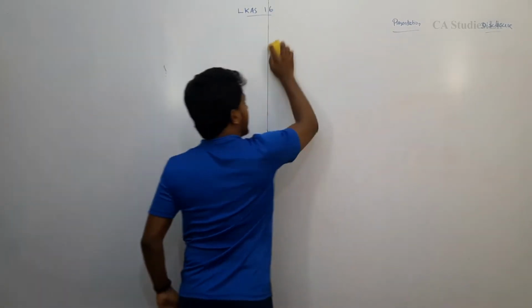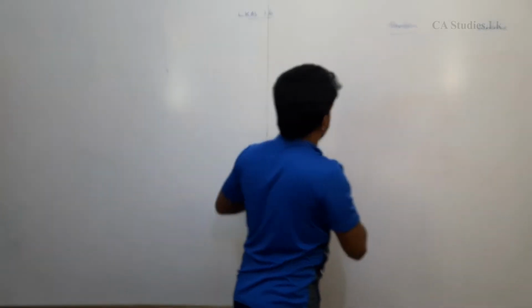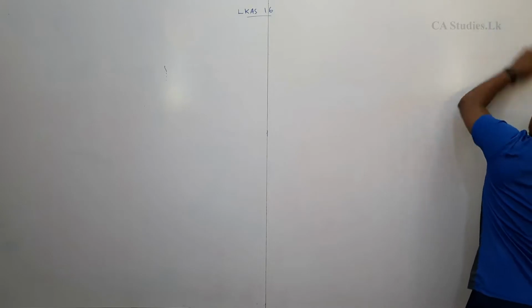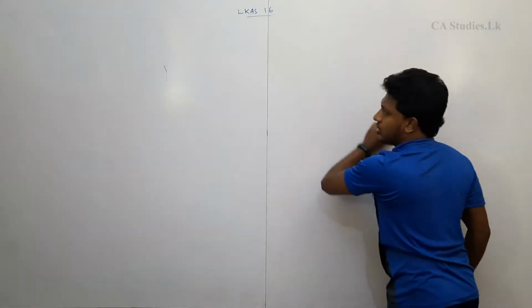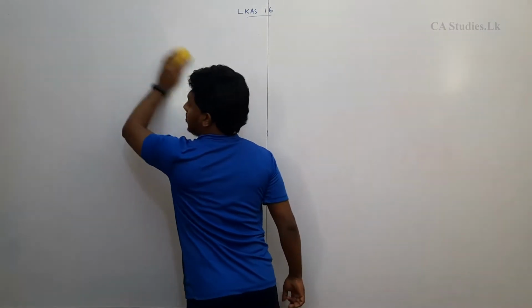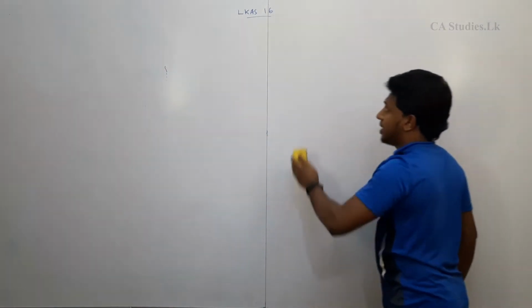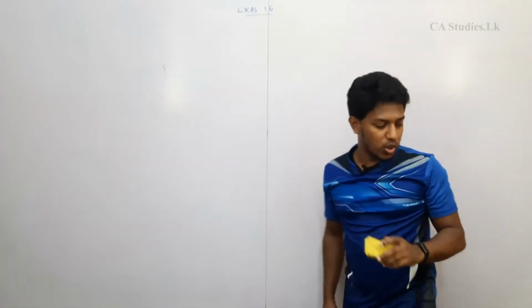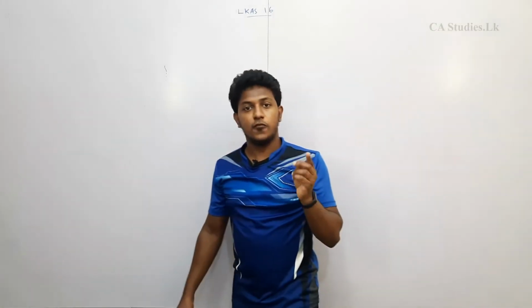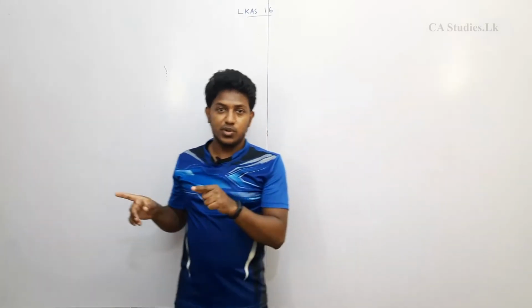The definition of a non-current asset is an asset which can be used more than 12 months.